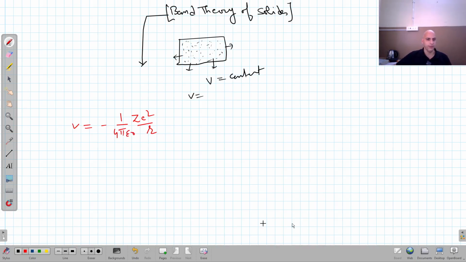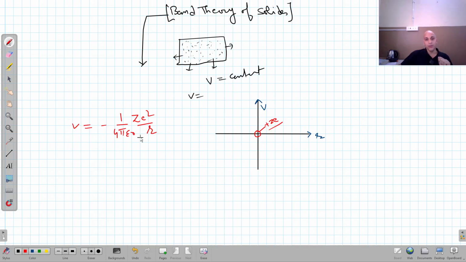So if I plot a graph between the potential energy V and the distance of the electron from the positive ion core, let the positive ion core be located at this position, the origin. This is the positive ion core, plus Ze, right?